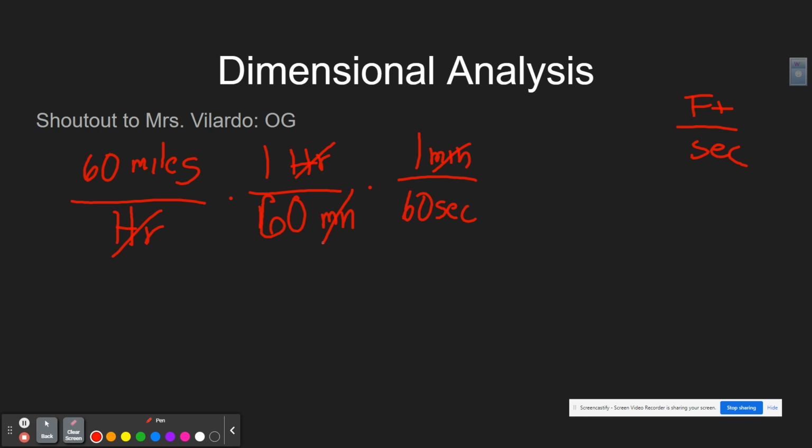We want feet per second. So there are 5,280 feet. If you have a hard time remembering that, remember five tomatoes, five tomatoes in 1 mile. And now look what we got.